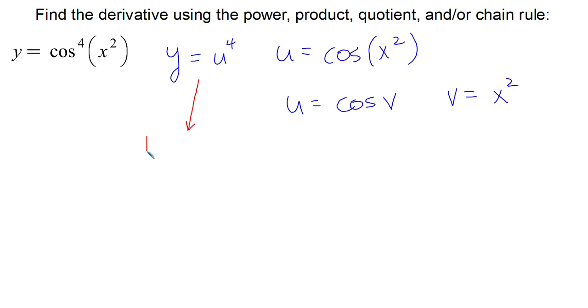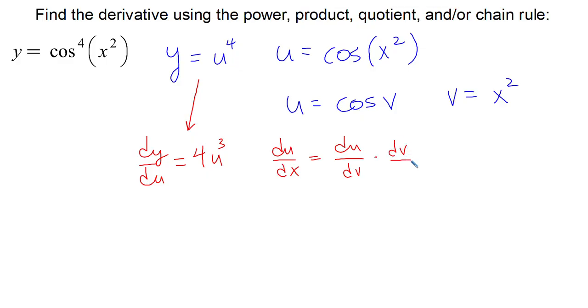The derivative of y with respect to u is going to be 4u cubed using the power rule. But to find du dx, we're going to have to use the chain rule, which says we're going to have to do du dv times dv dx.